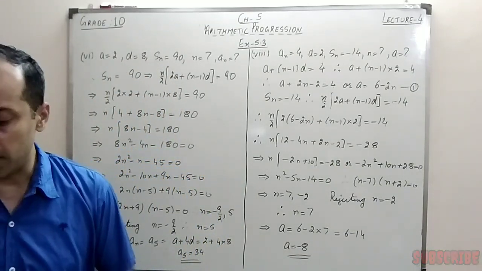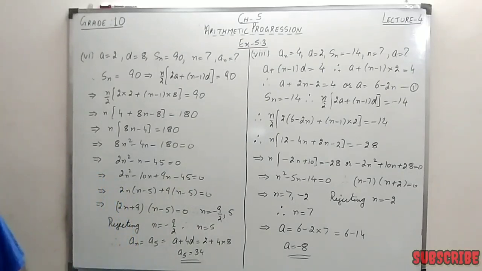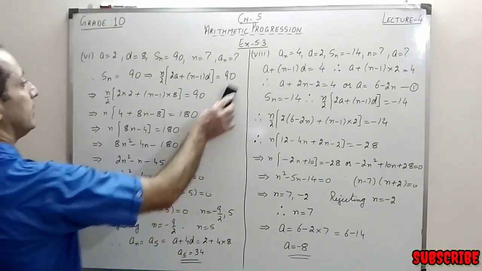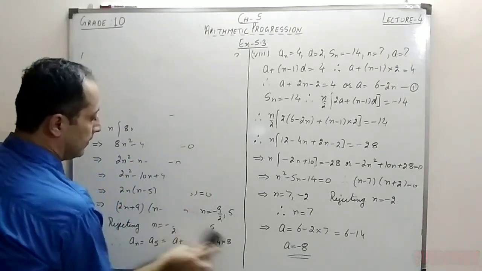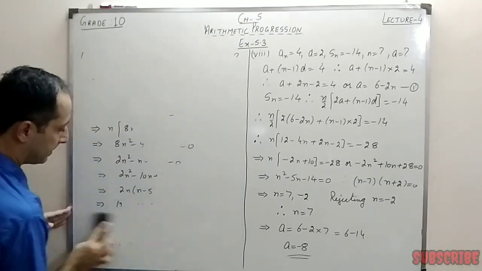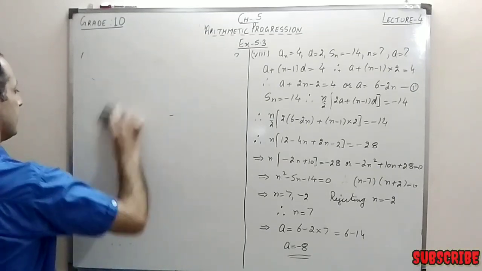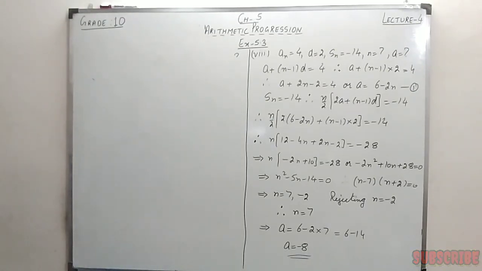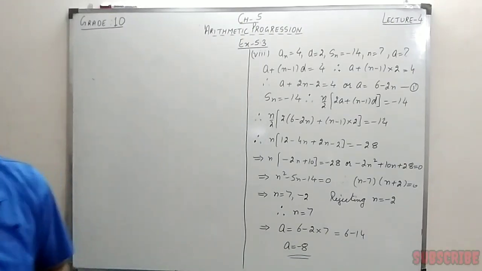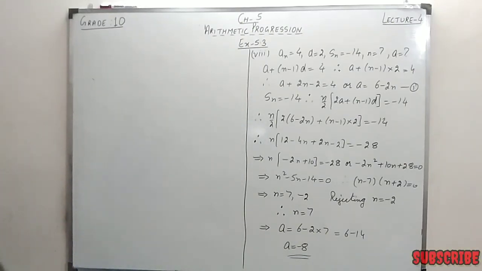Let's take one more part. Let's take the last part of this question. Last part is the 10th part of this question. Now see, in the last part, what is given to me, it's quite simple.